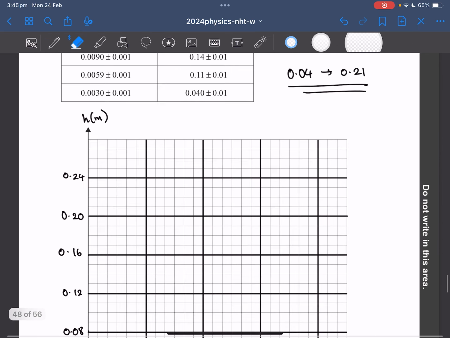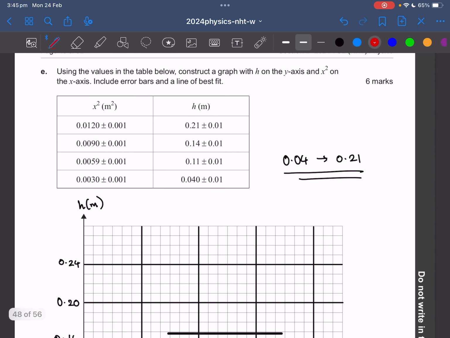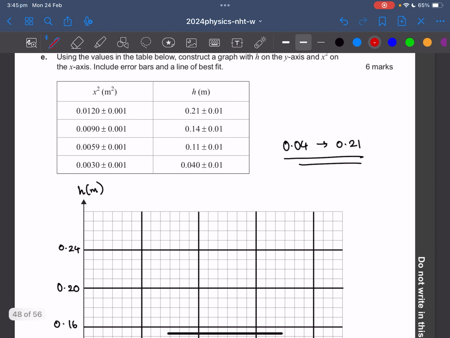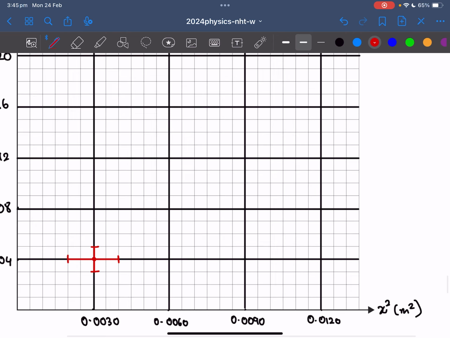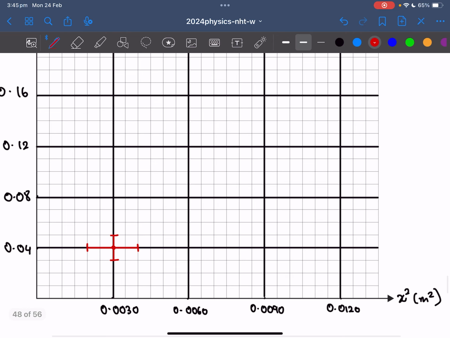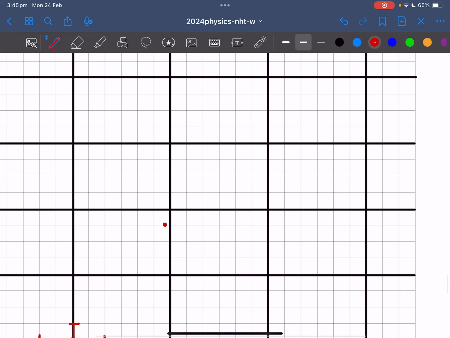Okay. And then we have, what is it, 0.0059 and 0.11. So 0.0059 would be somewhere here, and this should be right here, somewhere like this. Okay. One up, and then one down, and then 2. So that's 1, and that's 2.